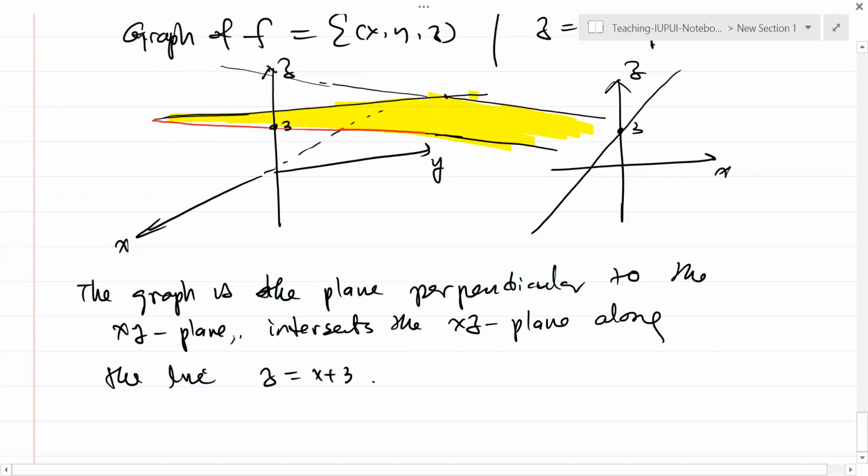So imagine you can draw the line in the xz plane using the equation, then draw another plane perpendicular.